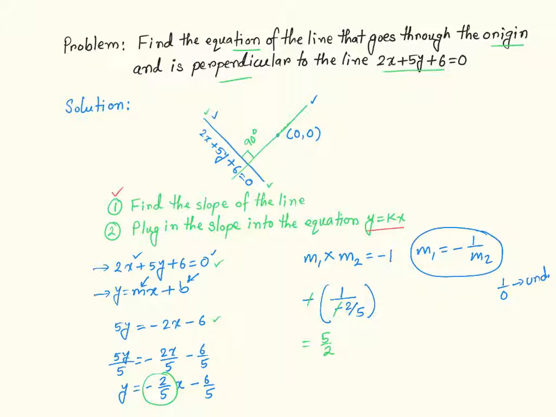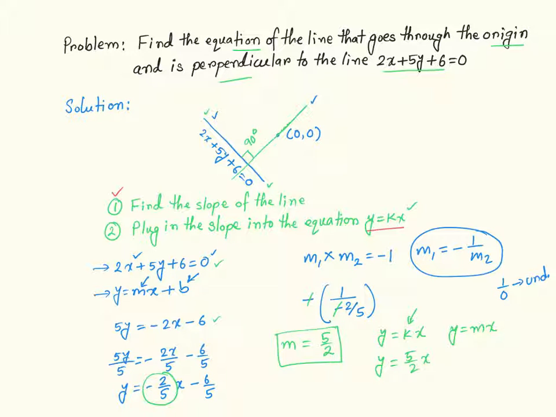Now, I am going to take this slope, the slope of the green line, let's call it m, and plug it into the equation y is equal to kx. Here k is the slope. Sometimes this is also written y is equal to mx. It says that the y-intercept is 0 and the line goes through the origin. So, k is the same as the slope. So, y is equal to 5 over 2 x.